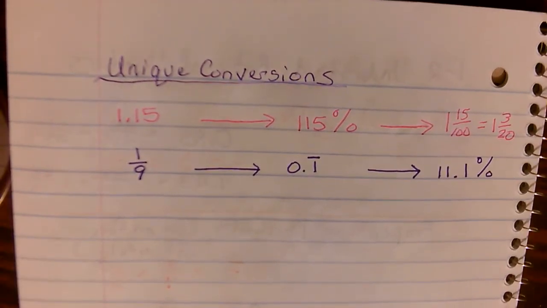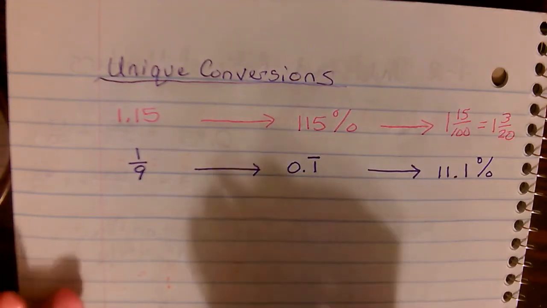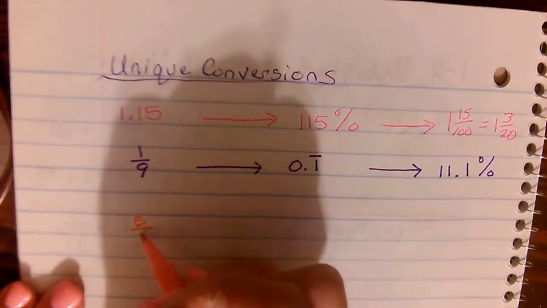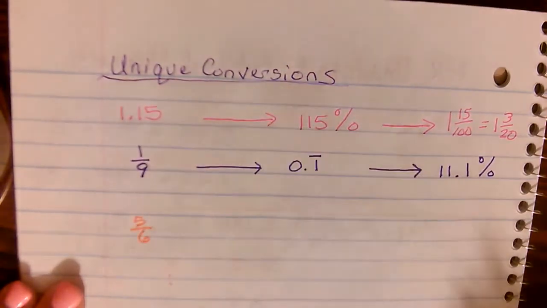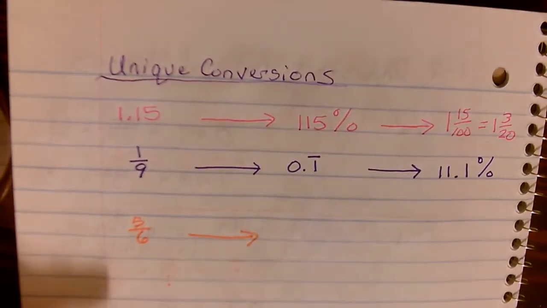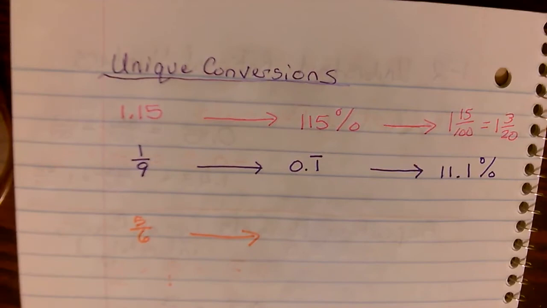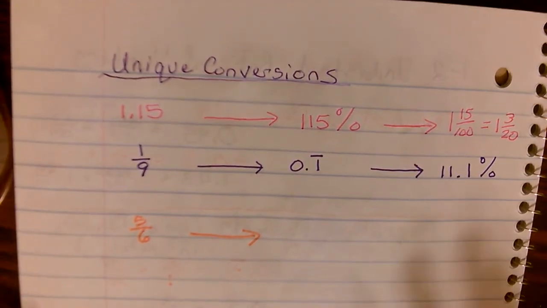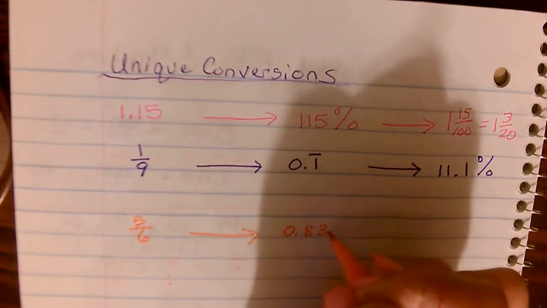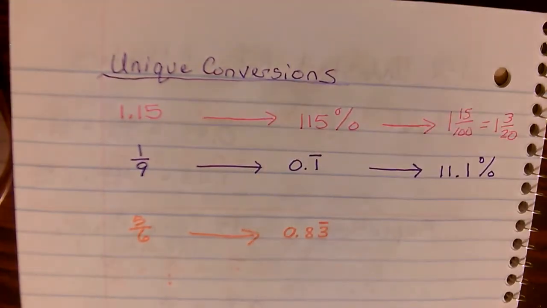Let's look at a different one. This one as a fraction is 5/6. You can convert this to a decimal by doing 5 divided by 6 on your calculator, or long division, 6 into 5. What you find, this is a really interesting one, is you get 0.83, but the 3 is the only thing that repeats.